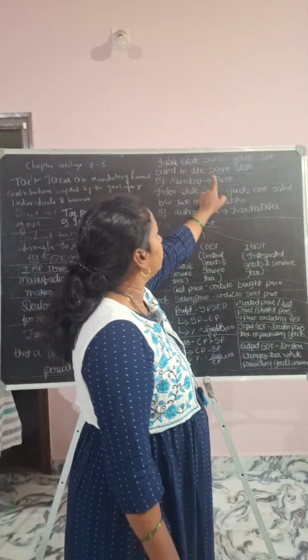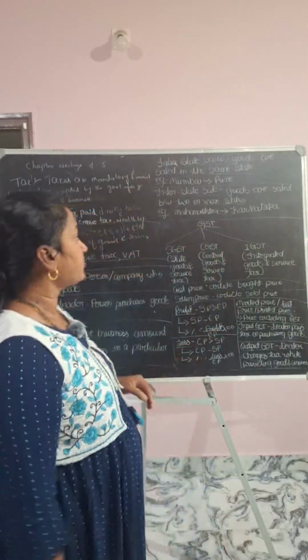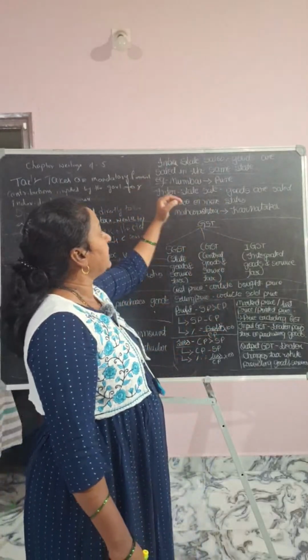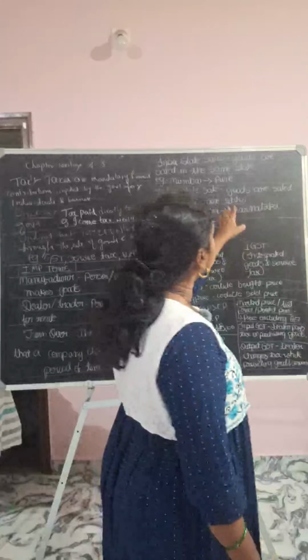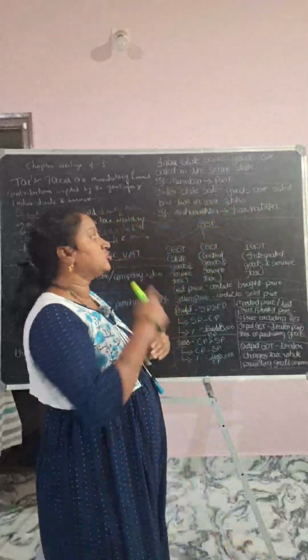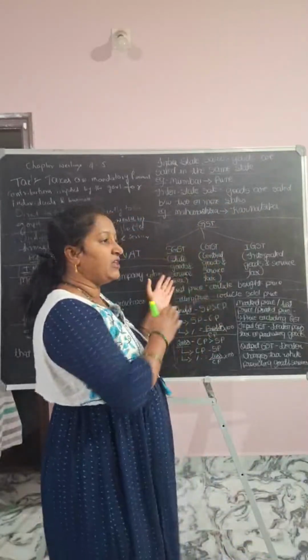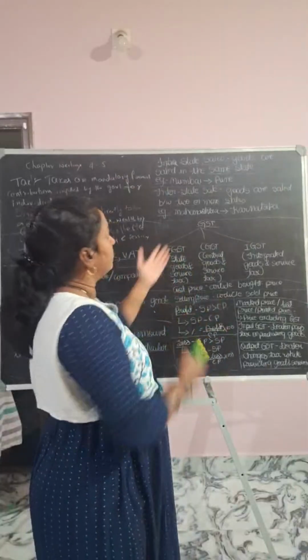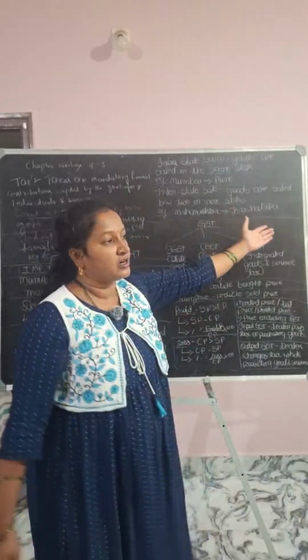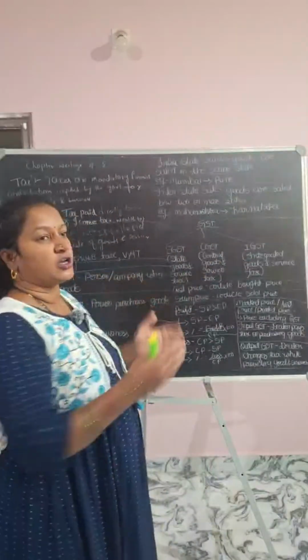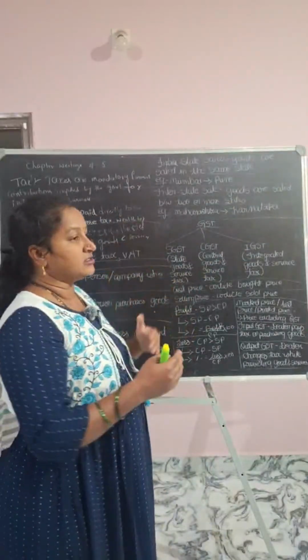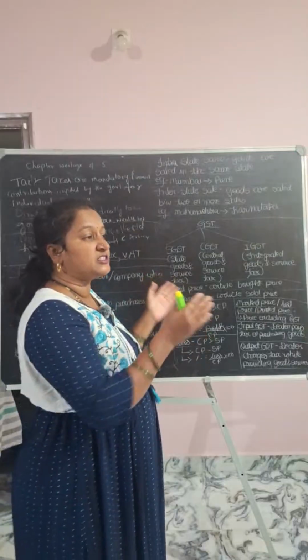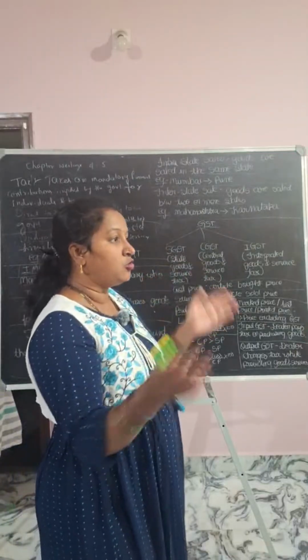Next one is interstate sales. Interstate means goods that are sold between two states. For example, Maharashtra to Karnataka or Andhra Pradesh to Karnataka, like this. The business transaction goes between two states.